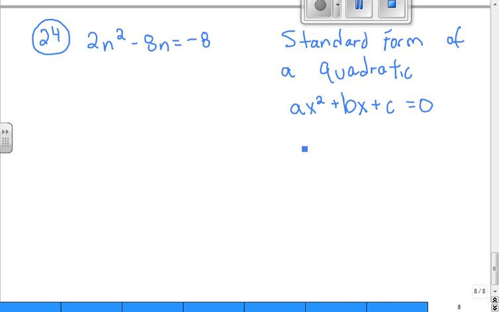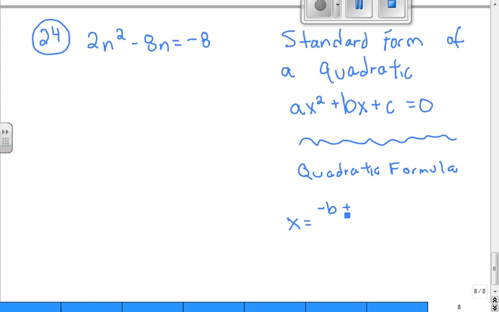We also need to make sure that we know what the quadratic formula is. Using a quadratic equation in standard form, it is x equals negative b plus or minus the square root of b squared minus 4ac, all over 2a.